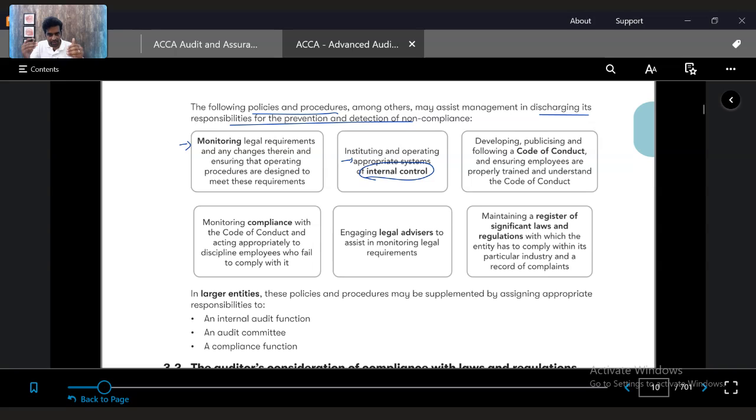They need to have proper systems in place which will help identify that the company is not following the regular laws and regulations very clearly or strictly.